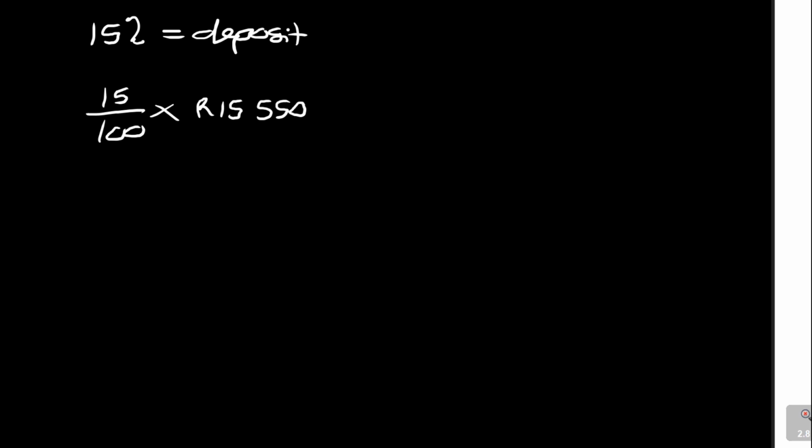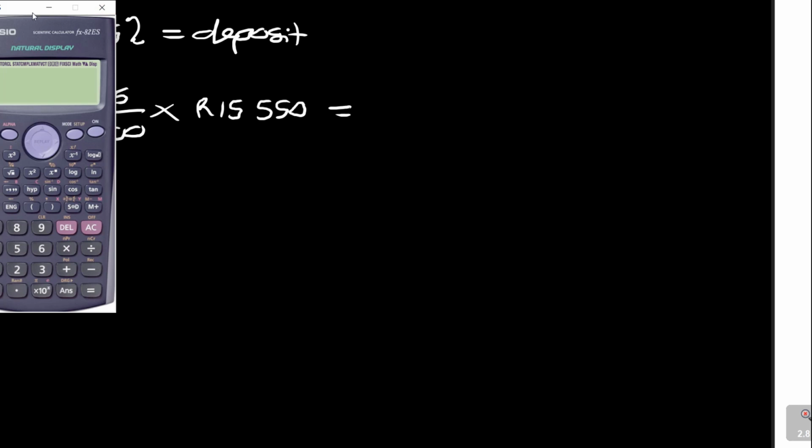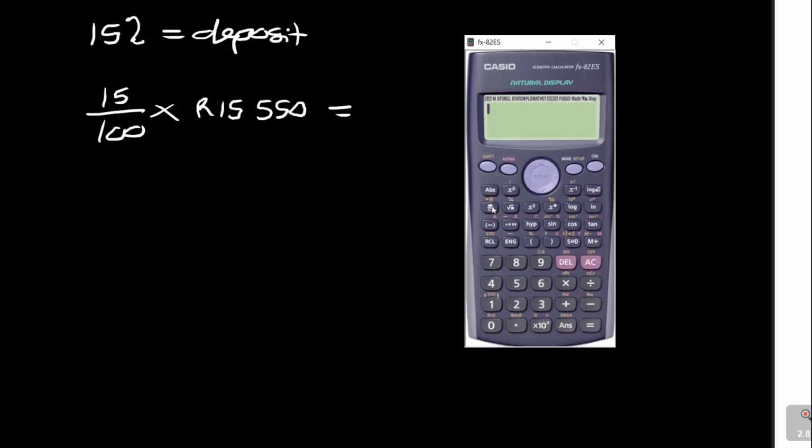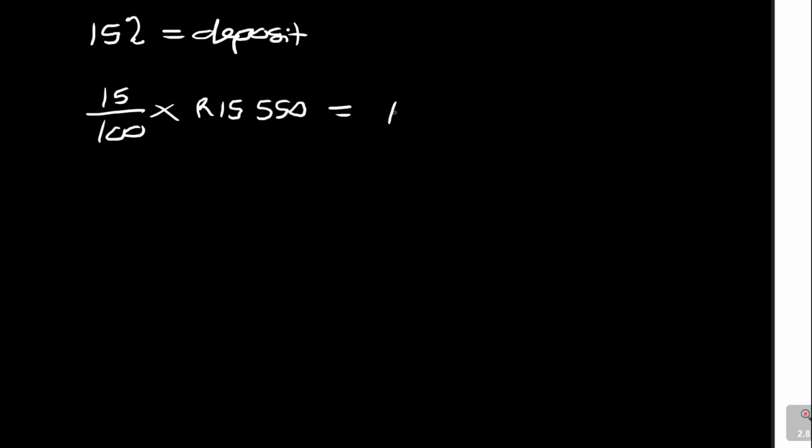So this is going to be the deposit that she's supposed to bring. That's the cash that you must bring. If they are to give you a fridge, unfortunately, if you don't have this money, the least cash that they can accept is 15% of that money, 15,550, which is how much? 2,332 rand 50.